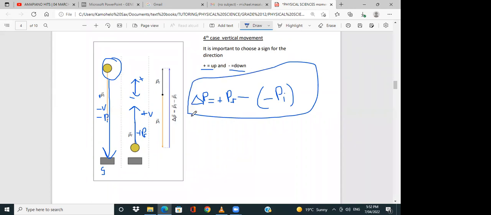The change in momentum will be... I'm sorry about that. Let me have a do-over real quick. First and foremost, the change in momentum will be the positive final momentum, PF, minus the negative initial momentum, PI. Positive final momentum minus negative initial momentum.